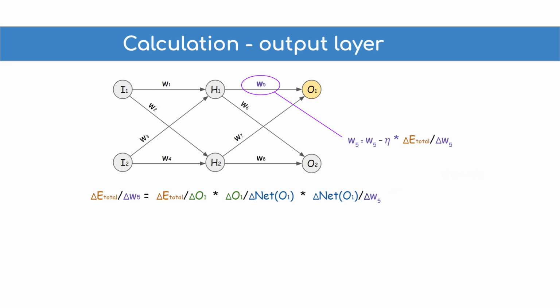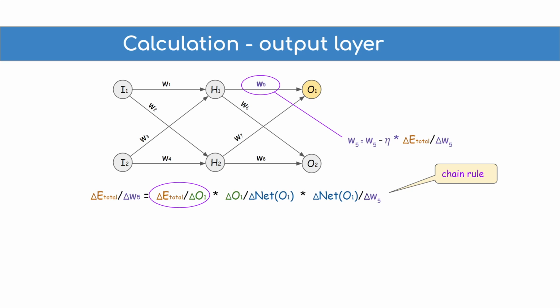Okay, so as we are using the chain rule, we can see that we can dispatch this equation into three components, which are nicely reducing with each other. As you can see, the first component is the derivative of the total error with respect to the output value of a specific neuron. The second component is the derivative of the output value with respect to the net value of this neuron. And the last one is the derivative of the net value of this neuron with respect to this concrete weight that we are going to change.